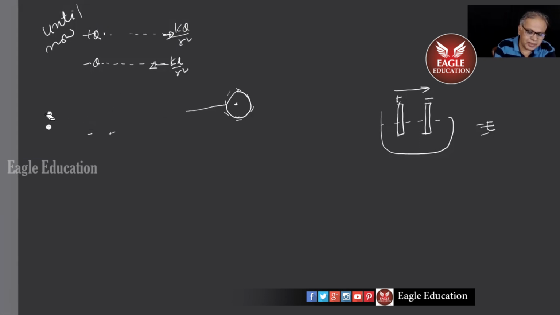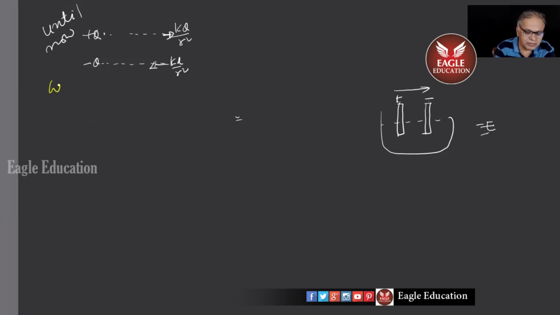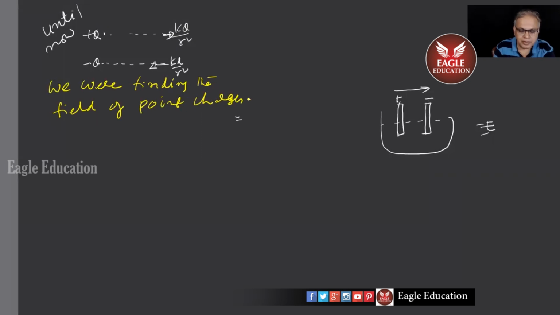Okay. Until now, we were finding out the fields of point charges. The next possible unit of charge configuration is a dipole.